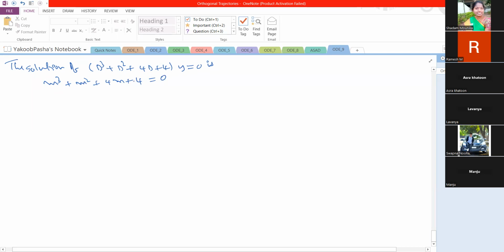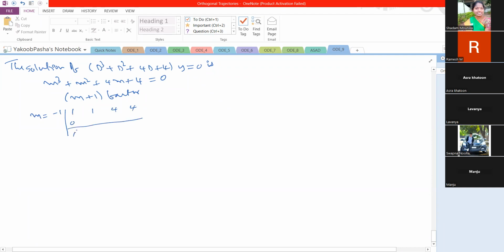We have three factors. First, m equal to minus 1 satisfies, so m plus 1 is a factor. We can find the remaining factors by synthetic division. So take m is equal to minus 1. We write the coefficients 1, 1, 4, 4, and take 0 here.